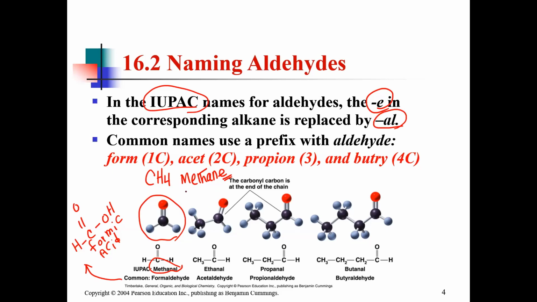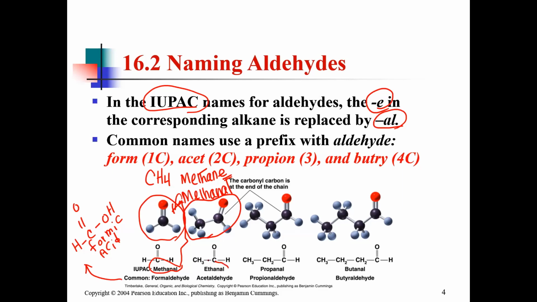So the name of this is going to be methanal. That's the name of this aldehyde. But if I had a hydrocarbon with two carbons, what would you have called that? Would you have called that ethane? Remove E and add al.